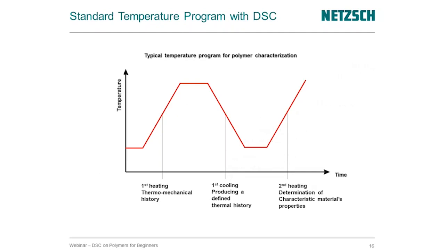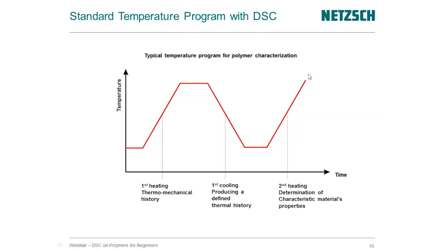So if we look at the standard temperature program by DSC, this is pretty neat if you think about it in the context of polymers. Usually we do a first heating, and that's what we see here. And then we might hold for a minute or so, and then cool down in a controlled fashion, and then hold a little bit longer, and then our second heating.